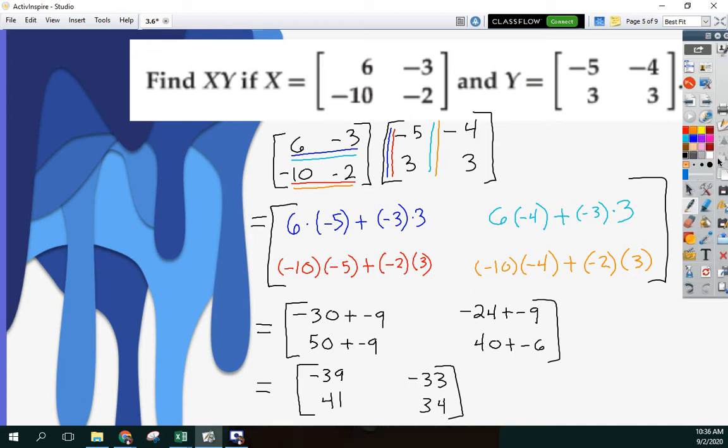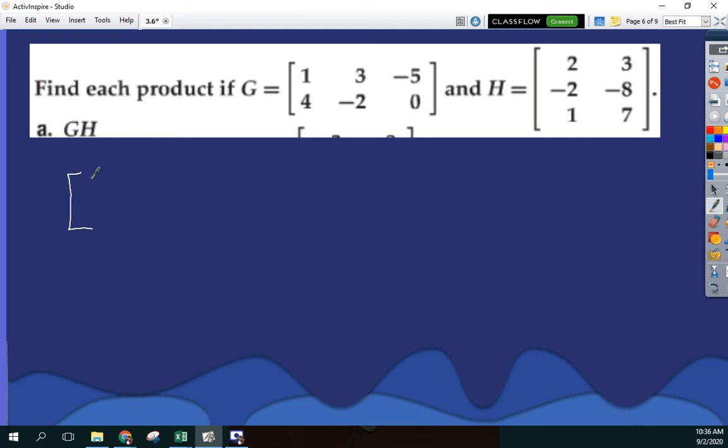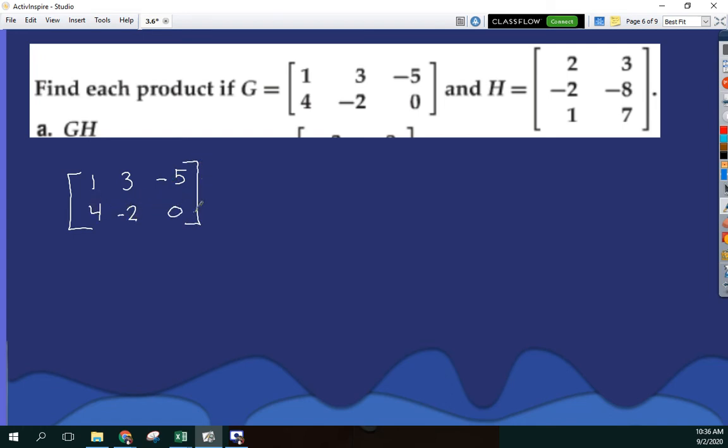So let's look at another example. It says find the product of each. I have G times H. So looking at our G, I want to write it first. I have 1, 3, negative 5, 4, negative 2, 0. And we want to multiply that by 2, 3, negative 2, negative 8, 1, 7.